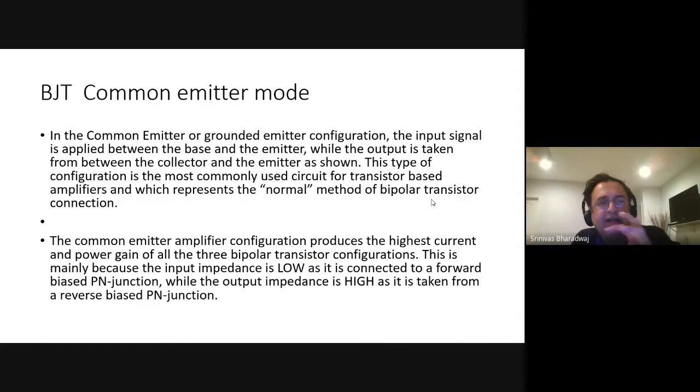So delta IC equals a constant times delta VBE.